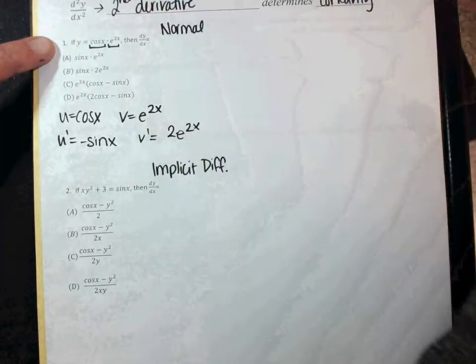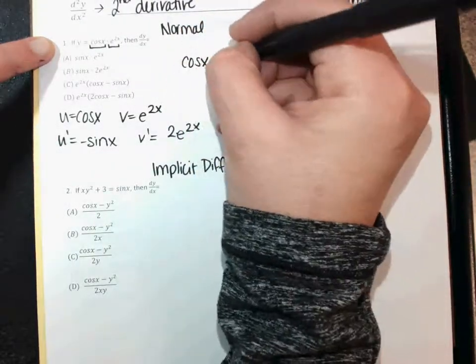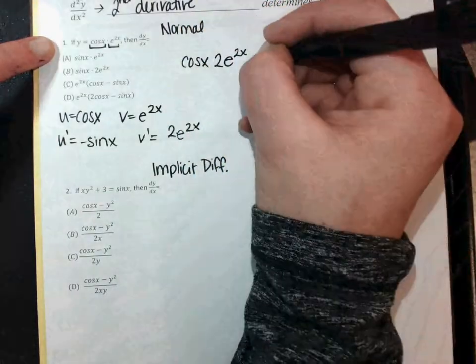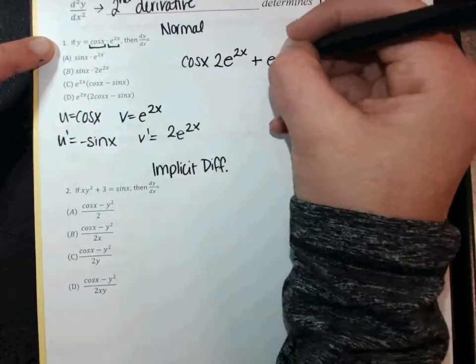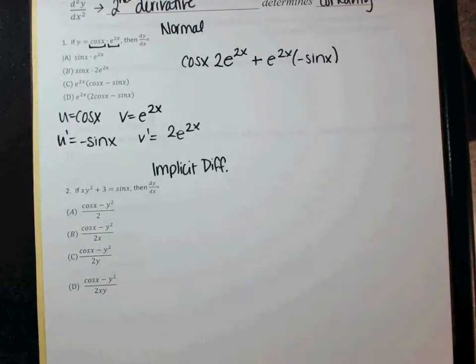So then your dy dx here would be cosine x times 2e to the 2x plus e to the 2x times negative sine x. And remember, the order there is not necessarily specific. You just want to make sure you do one plus the other. Then from there, what do they both have?